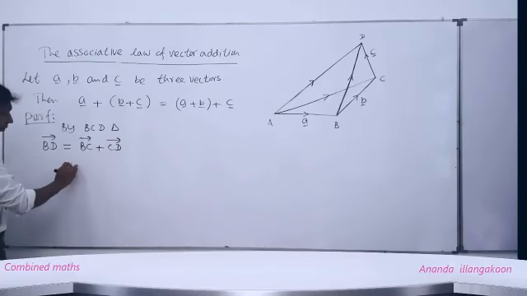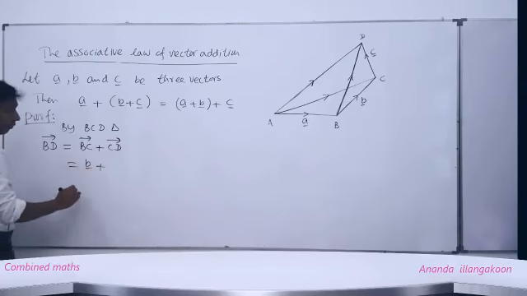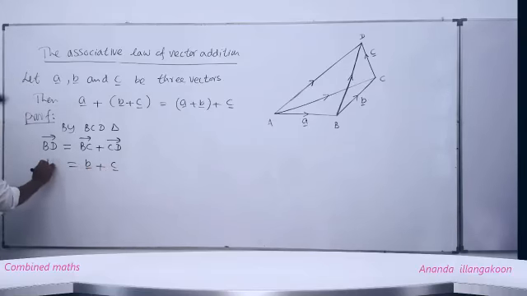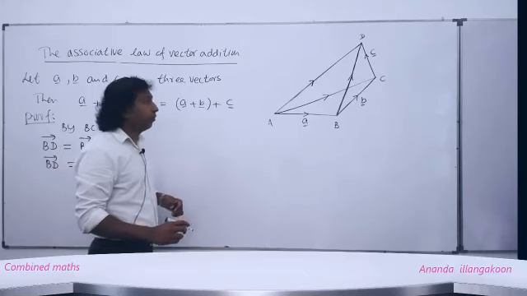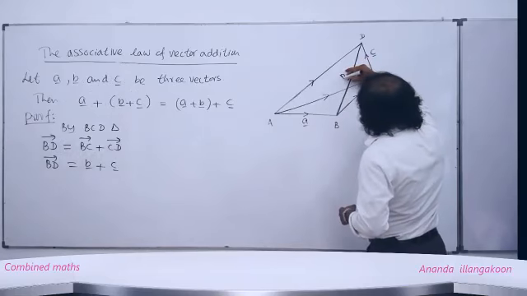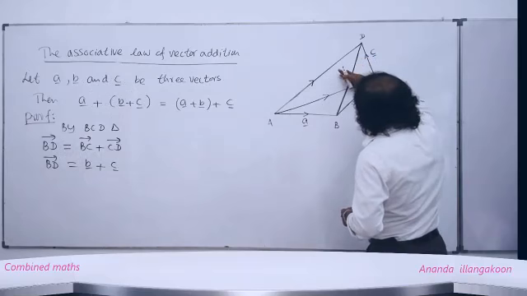The BC vector is, people, simply the B vector. The CD vector is simply the C vector. Therefore, the BD vector is B plus C. That means, people, this vector is B plus C. The BD vector is the B plus C vector.